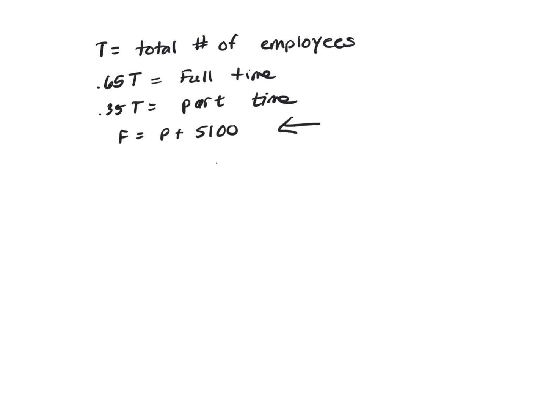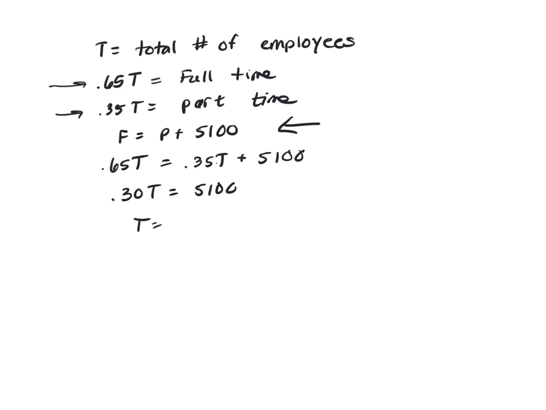Full-time is 0.65T. Trying to get an equation with just one variable. Part-time is 0.35T plus 5,100. And if I subtract 0.35T from both sides, I get 0.30T equals 5,100.